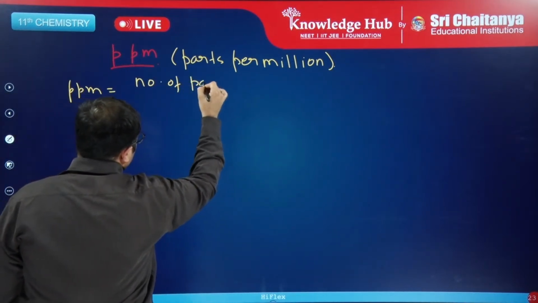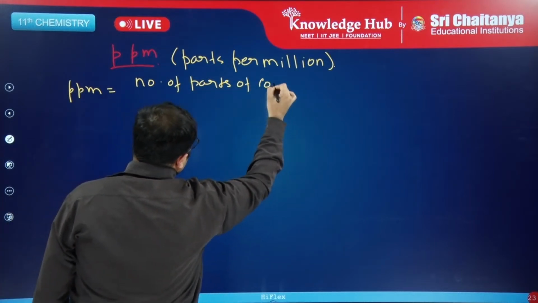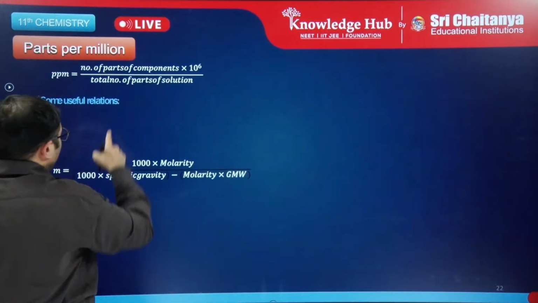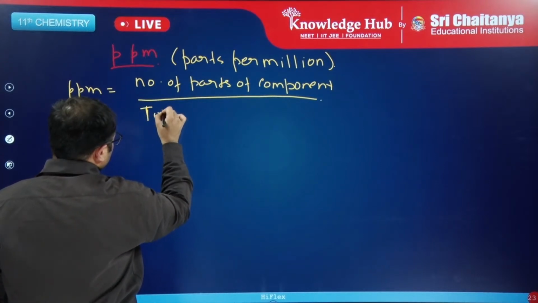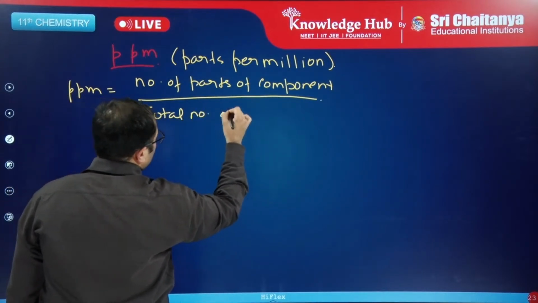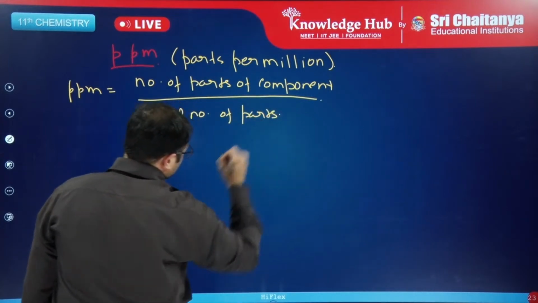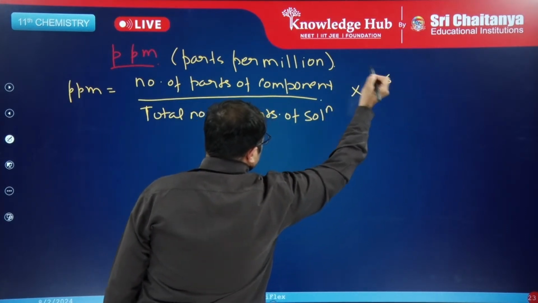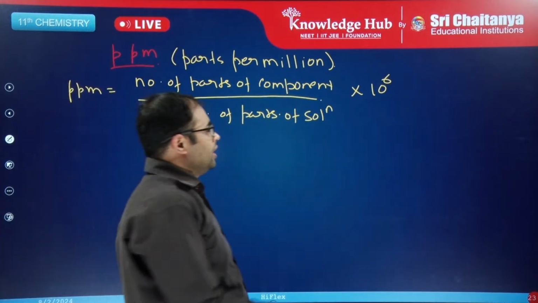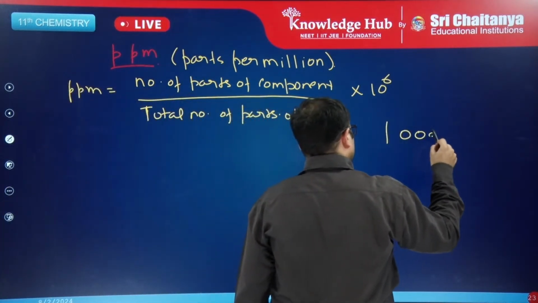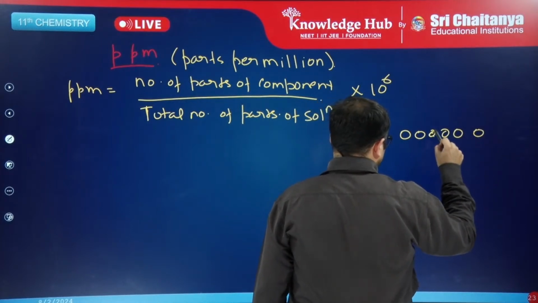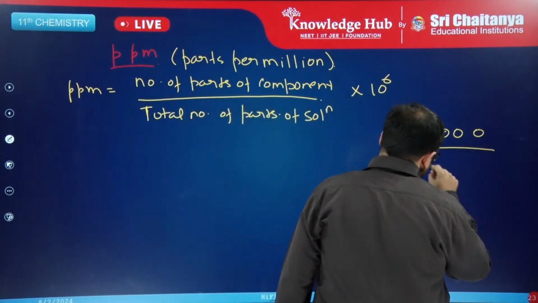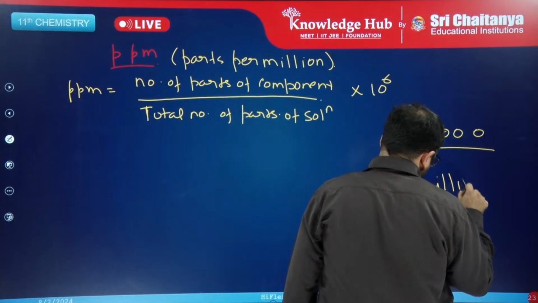It is the number of parts of component by total number of parts of solution multiplied by 10 raised to power 6. What is 10 raised to power 6? I don't have that much amount of money, but I know this is 1 million.